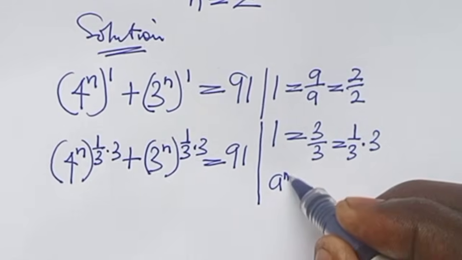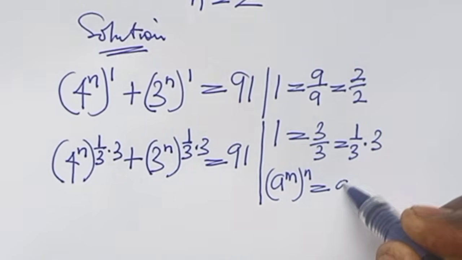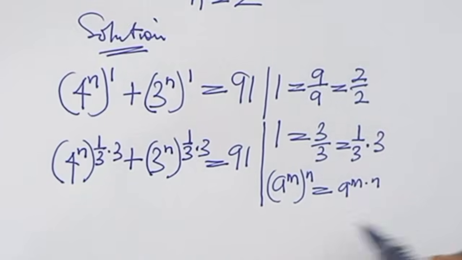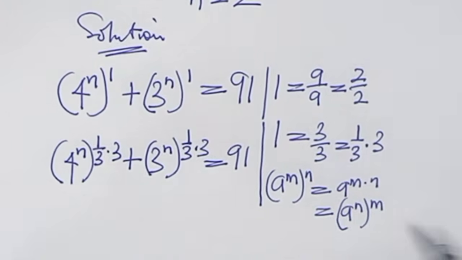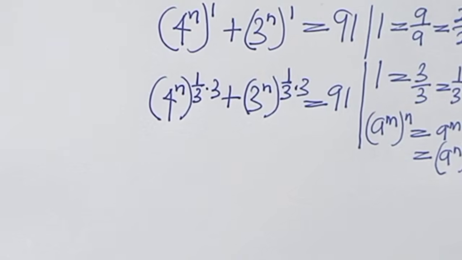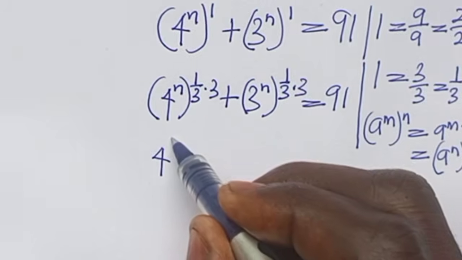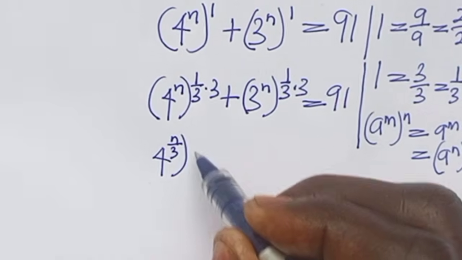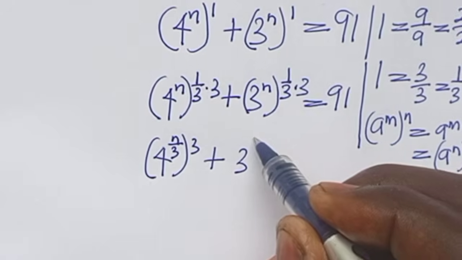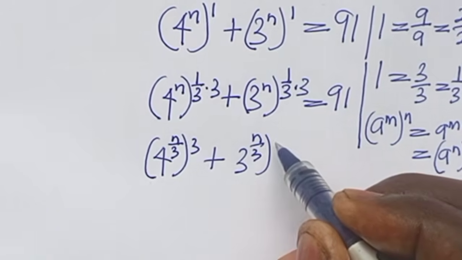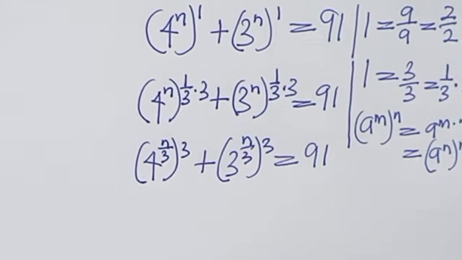Again, we have a to the power of m to the power of n, which is equivalent to a to the power of m times n, also equals a to the power of n to the power of m. So our equation becomes (4 to the power of n over 3) to the power of 3 plus (3 to the power of n over 3) to the power of 3 equals 91.